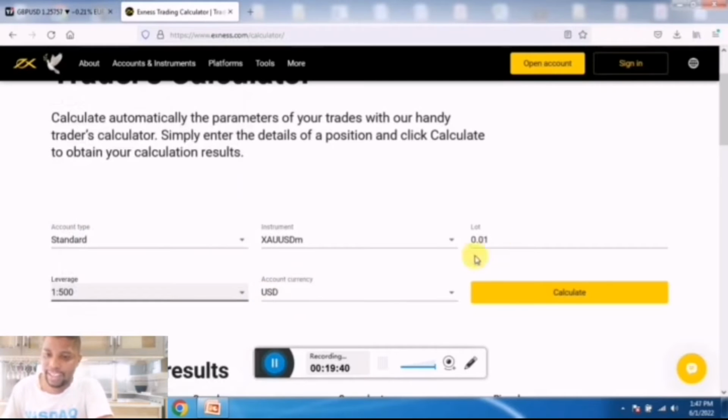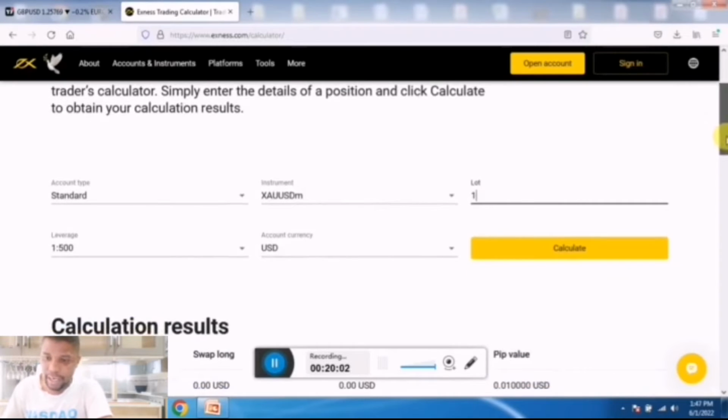Let us just say we're going to do a straight standard lot. We said the standard lot is 100,000 worth, so the volume is going to be 1.00. So I'm just going to put 1 in the calculator and calculate.